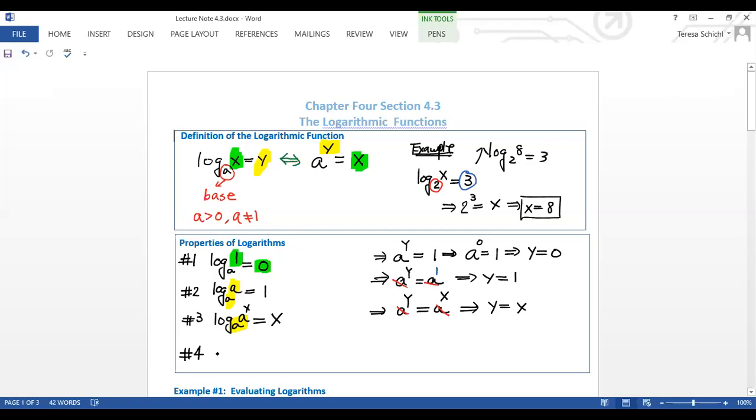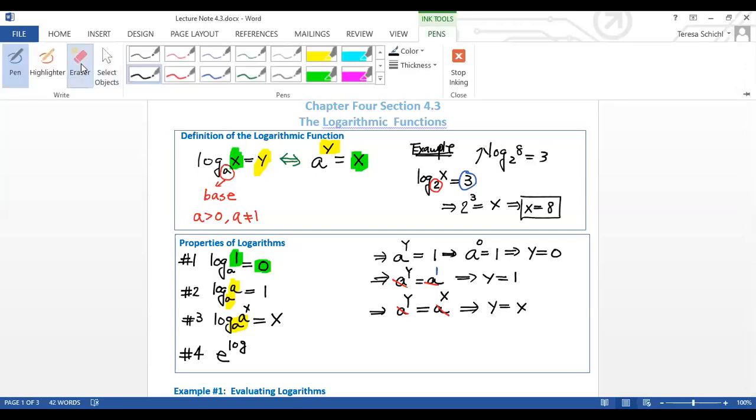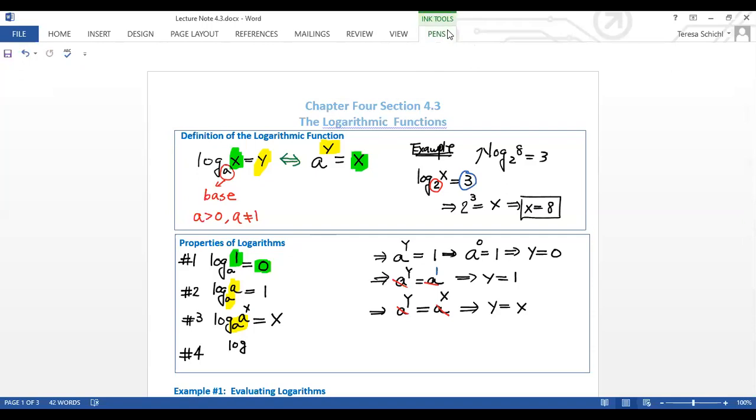So let's say e to the log, okay, and I'm sorry, not e. This one here is a to the log base a of x. What will this be equal to?